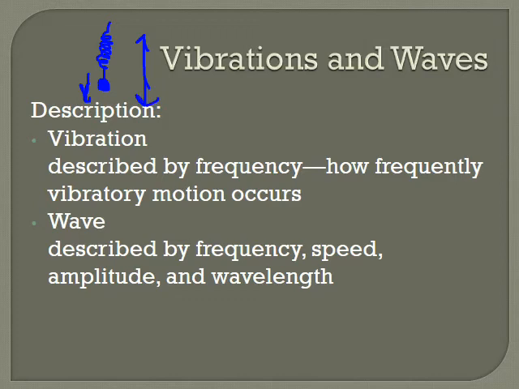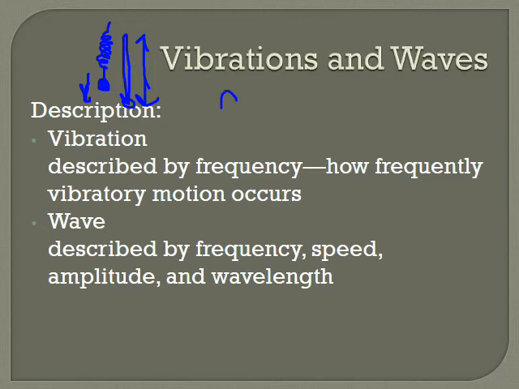The time that it takes, or the number of cycles, remember that it's going to be moving up and down. And if we see how frequently it goes from its bottom position up to its top position and then back to its bottom position, that is what we call one cycle. It has gone through one full cycle of its motion. And if we count the number of cycles that occur every second, that is what's called frequency.